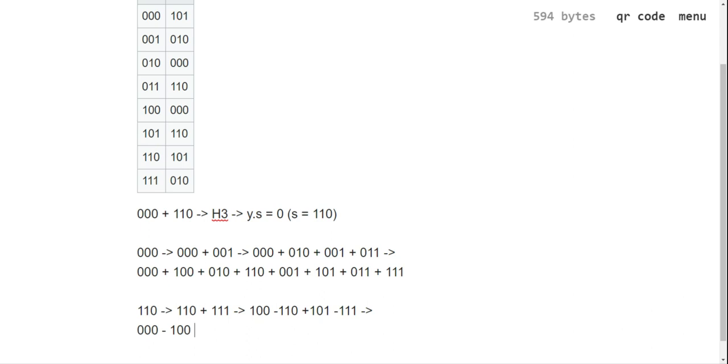You get minus, oh, here's why I went wrong, because I didn't keep that minus. Minus 0, 1, 0 plus 1, 1, 0. This is where I went wrong, exactly.